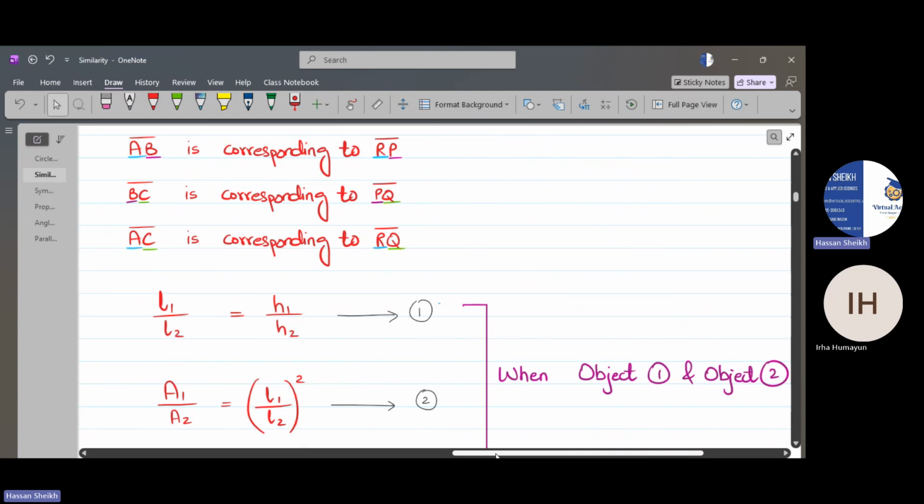What do object 1 and 2 mean? The 1 and 2 are just there to differentiate between the two geometrical figures. Maybe one is referred to as the first object and 2 is the second object that is similar to number 1. So do you understand that the prefixes 1 and 2 stand for just differentiating the two geometrical figures?